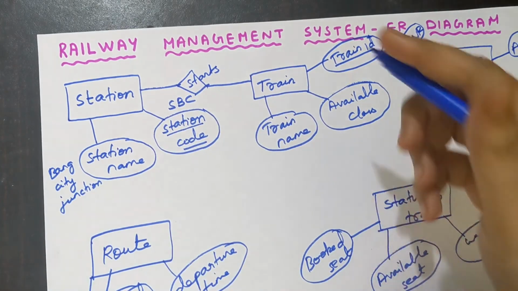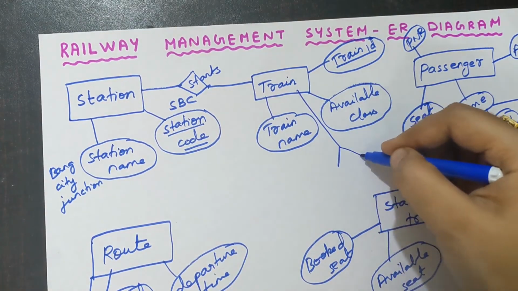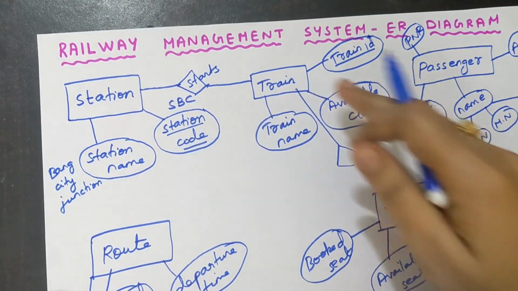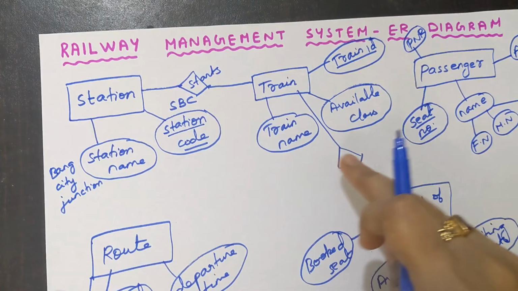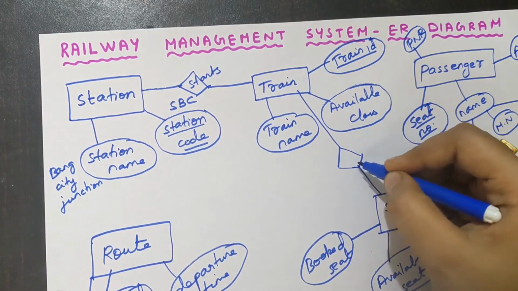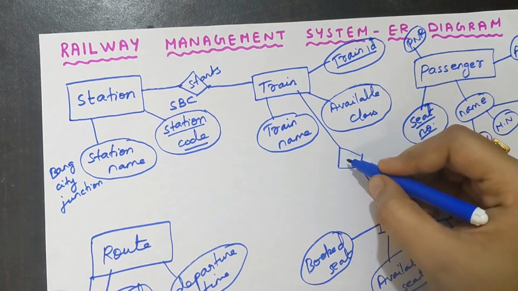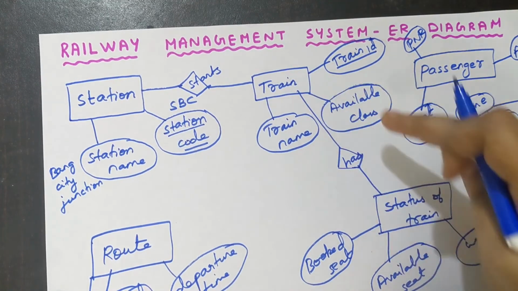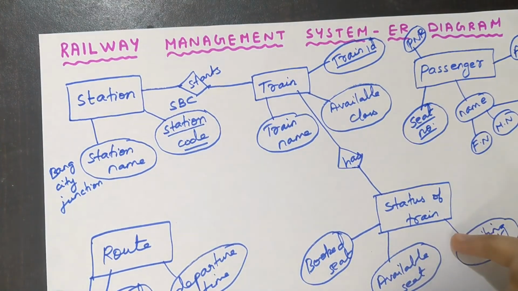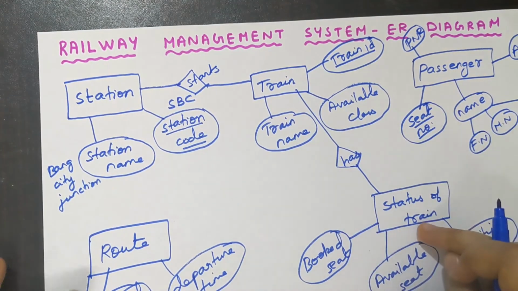Next, train has. Here from train to status of train, I am drawing this relationship. So what will I write inside this diamond box? I will write has. Train has status of train, because train has a status, right?